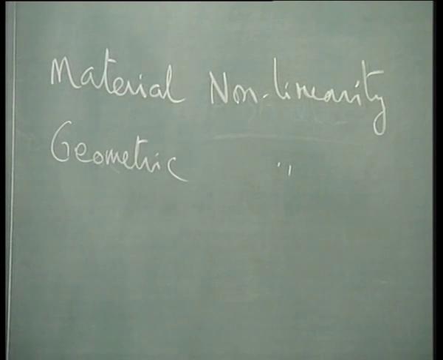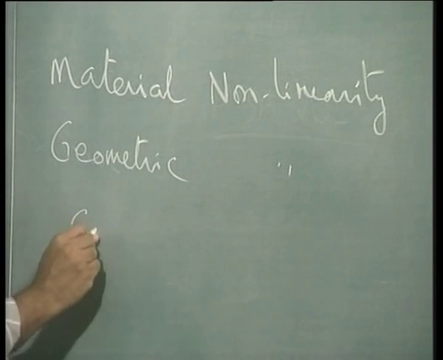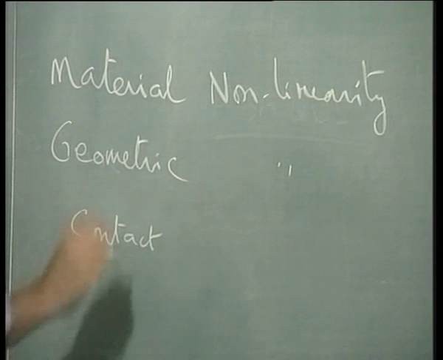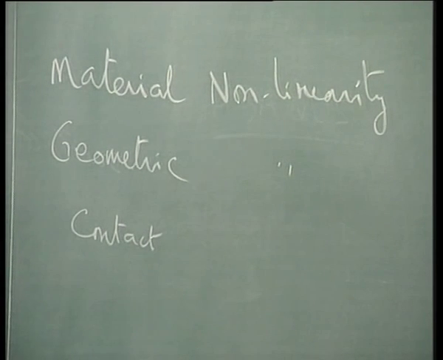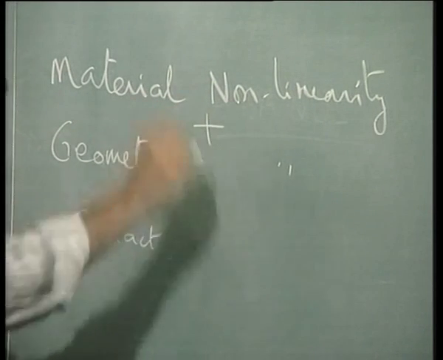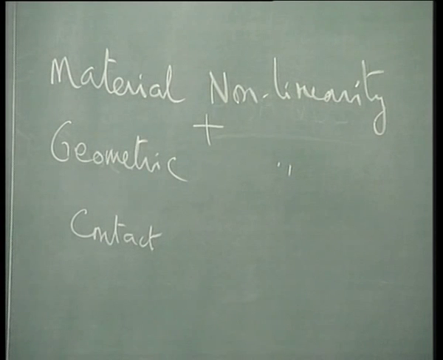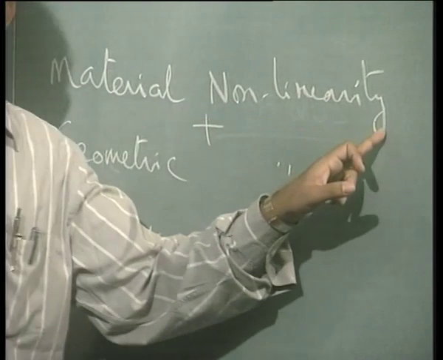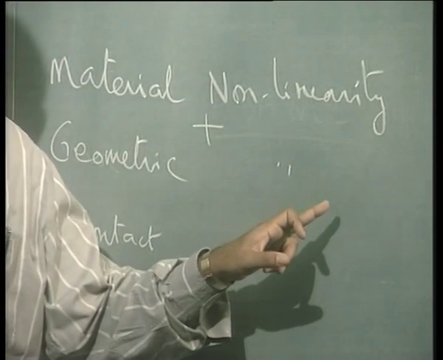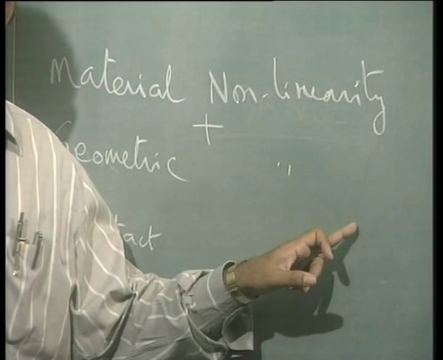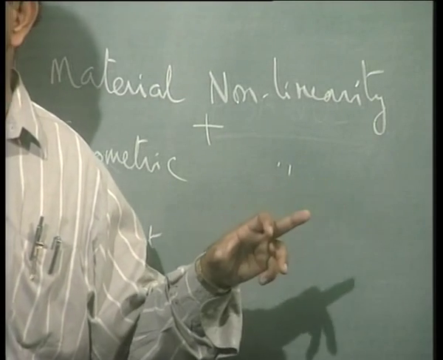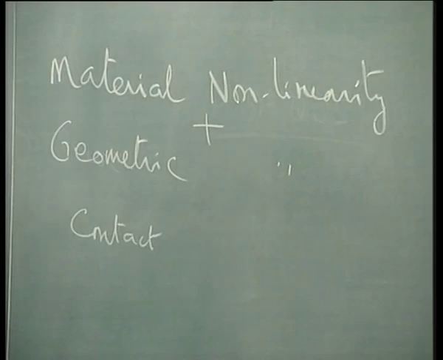The nonlinearity is also due to reasons like contact. In metal forming problems or many of the manufacturing problems, we have to combine material as well as geometric nonlinearity. So when we use material nonlinearity, our geometry does not change that much, our original geometry is retained.